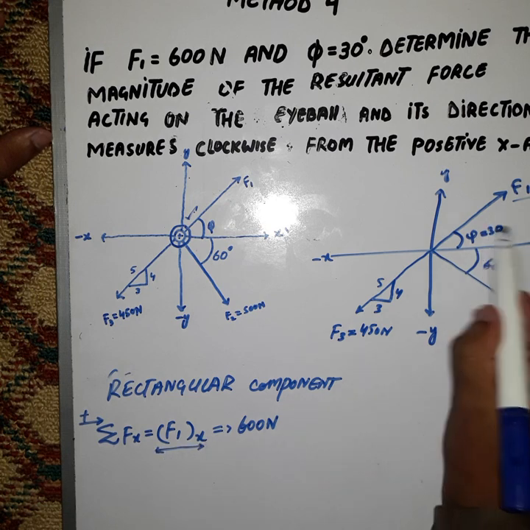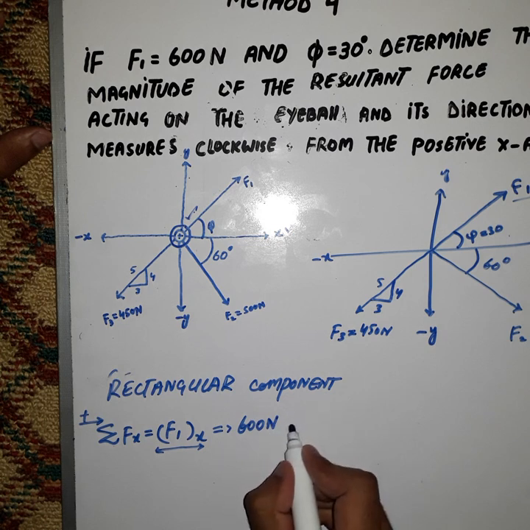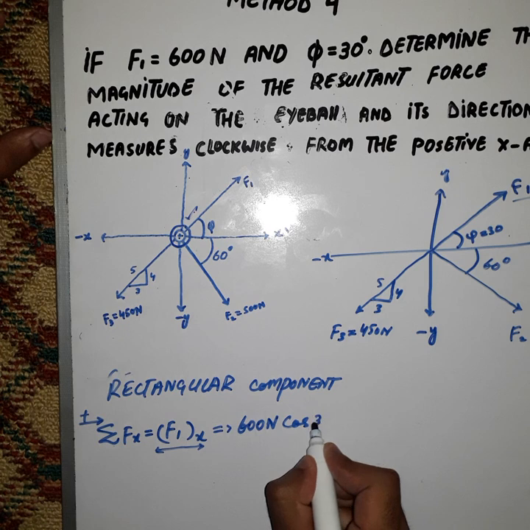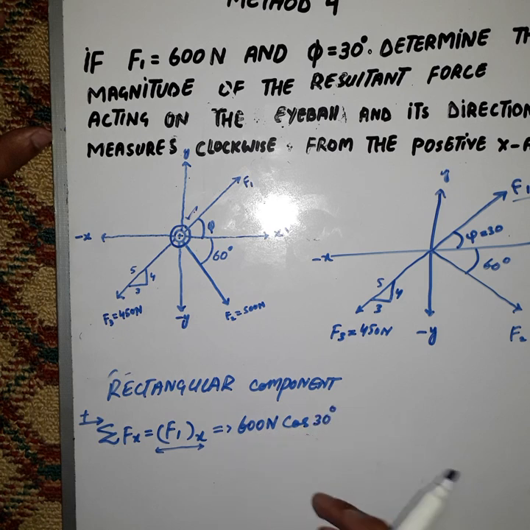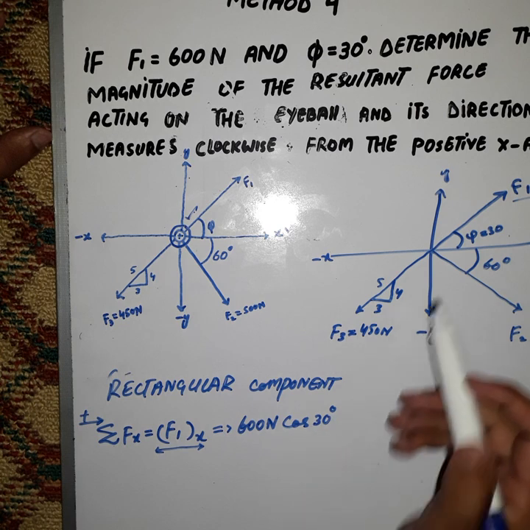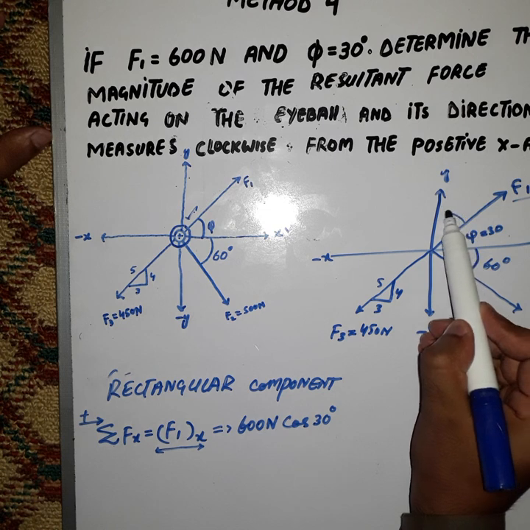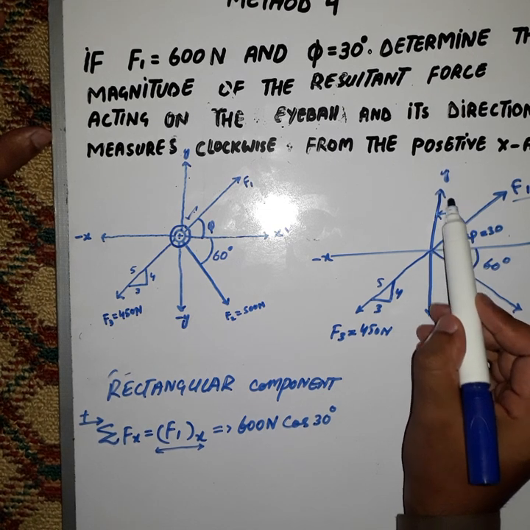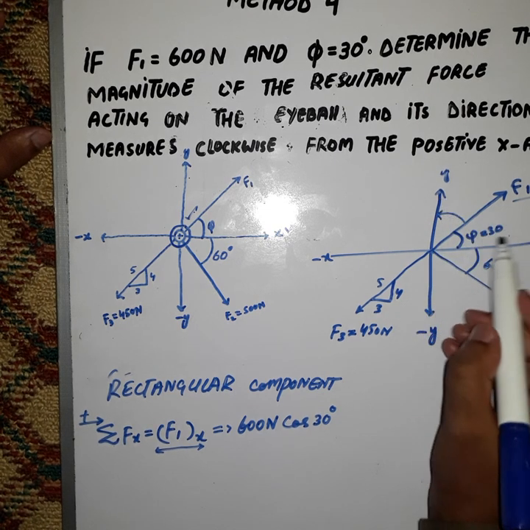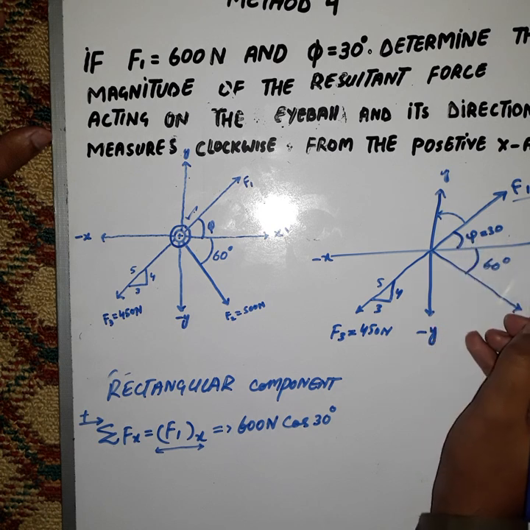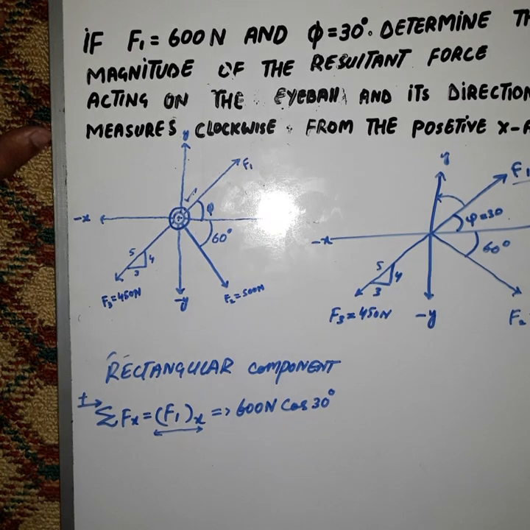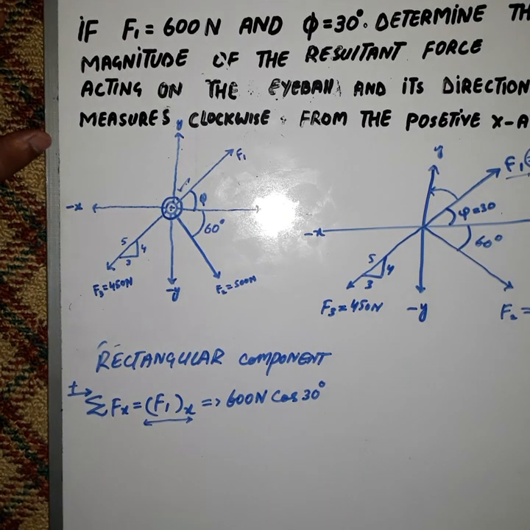So the angle with F of x is cos 30 degrees. Why did we not solve it using sine theta? Because sine theta always makes an angle with the y-axis, and cos theta always makes an angle with the x-axis. So we used cos theta here.